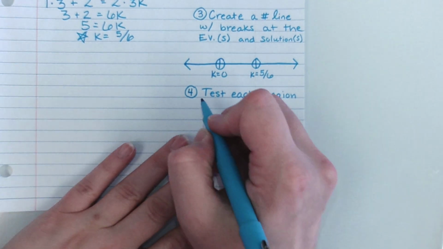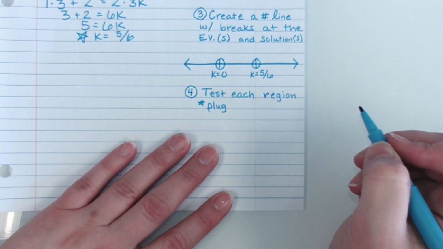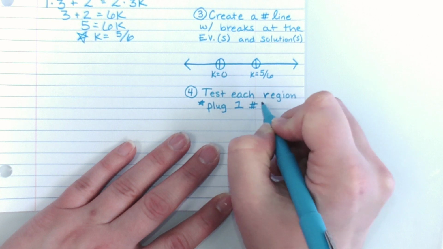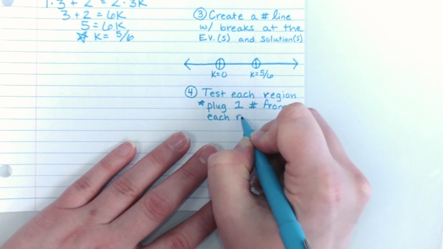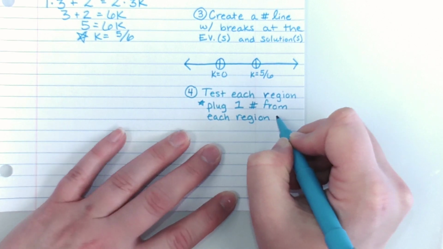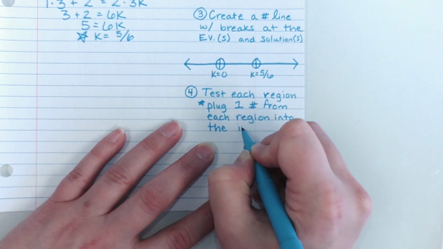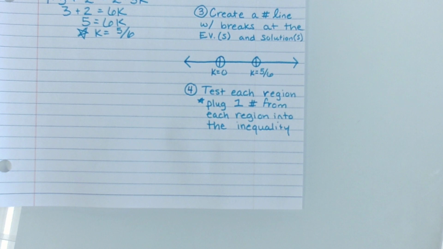I plug one number from each region into the inequality. Because if one number in that region works, every number in that region works. If one number in that region doesn't work, every number in that region doesn't work.